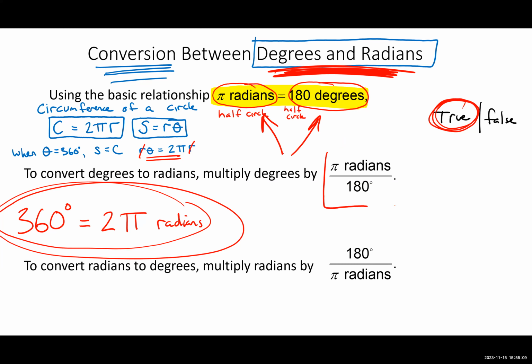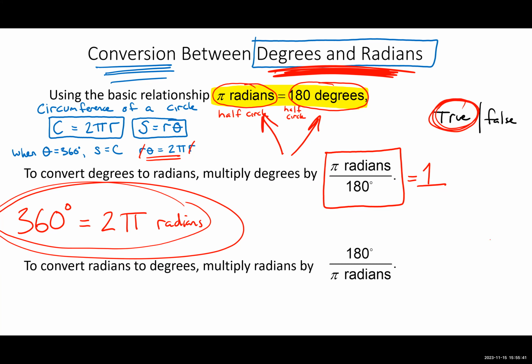So this fraction right here is equal to 1 because the top and the bottom mean the same thing. Pi radians is a half circle. 180 degrees is a half circle. Top and bottom are the same half circles. So when the top of the fraction and the bottom of the fraction are the same, this is just like 2 over 2 is equal to 1. Top and bottom are the same, the fraction is equal to 1.